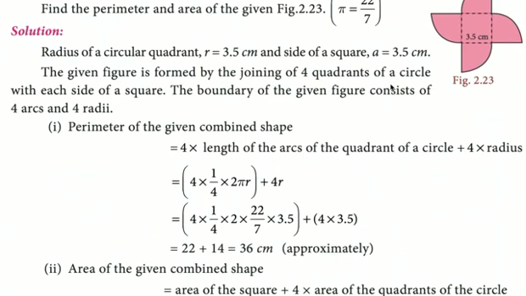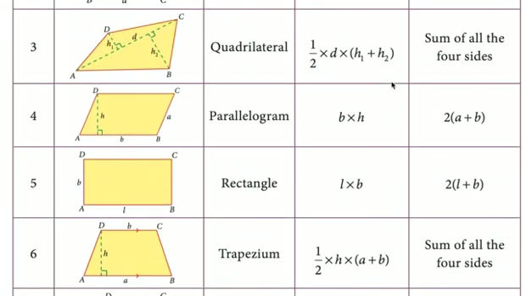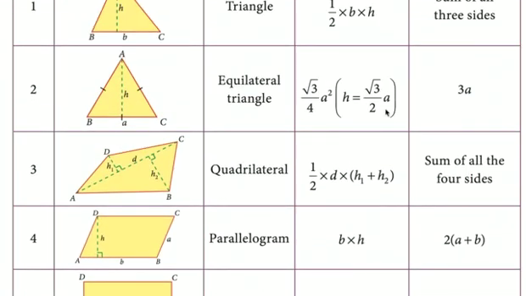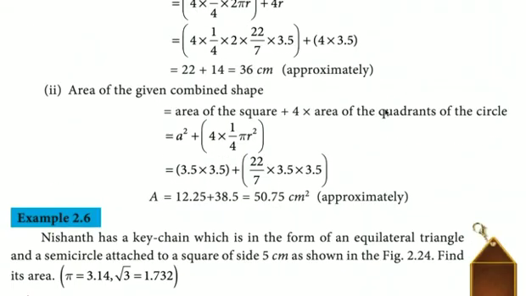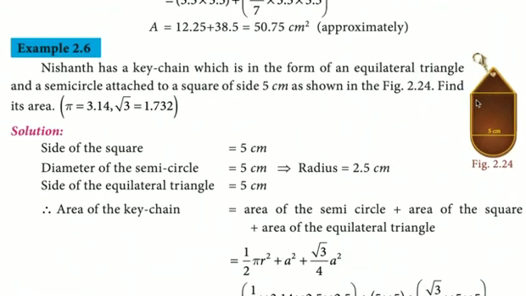So the equilateral triangle area is, see this, root 3 by 2 times a. Area of the semicircle is half pi r square, where r is 2.5 cm.